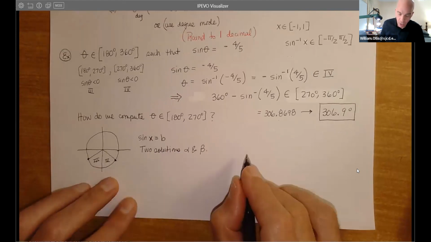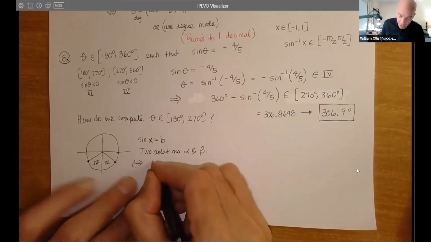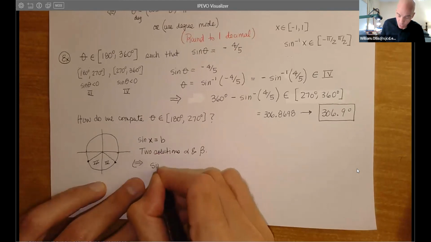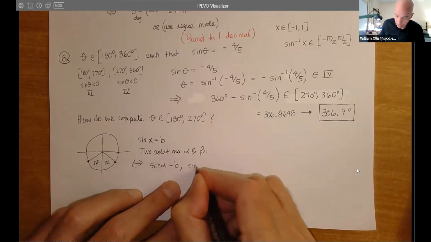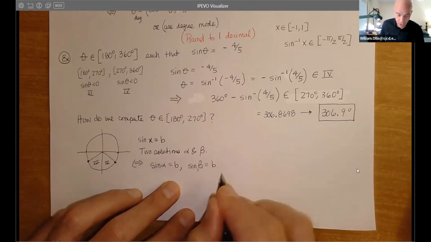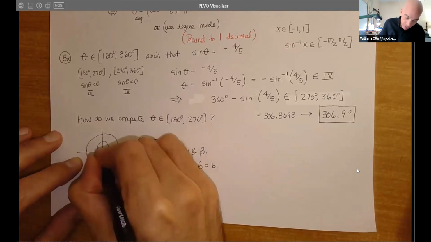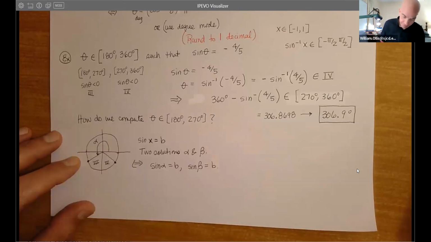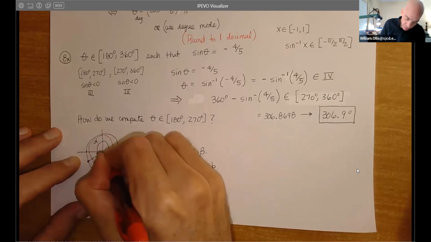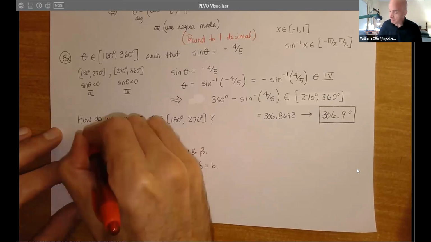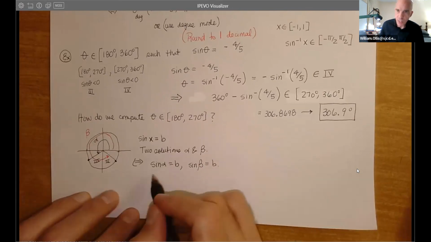Okay, so now this means, if and only if, sine of alpha equals b and sine of beta equals b. We got two solutions. So let's do this one here, will be the alpha, going counterclockwise, and this one here will be the beta. So then we're thinking, okay, what's the reference?